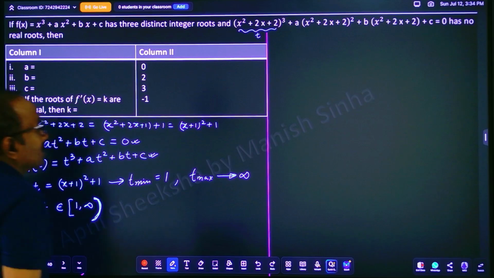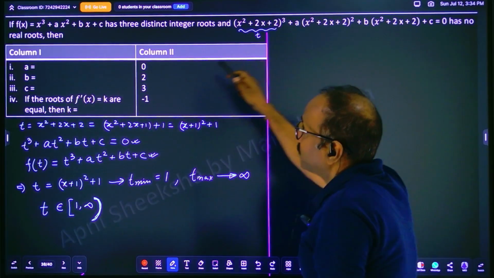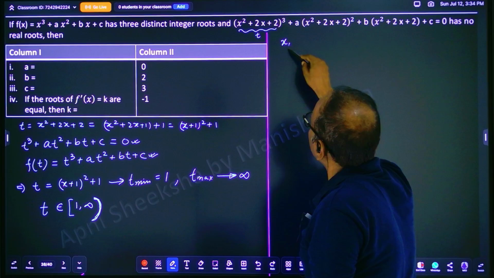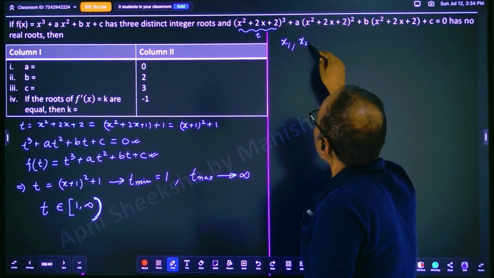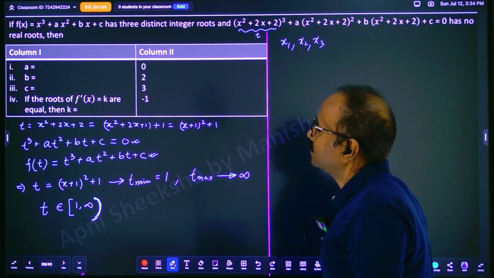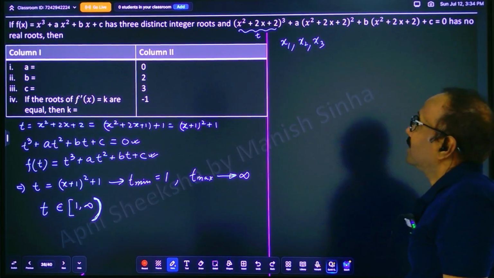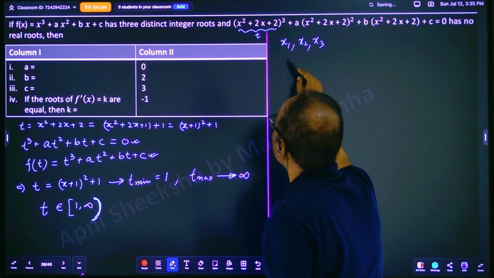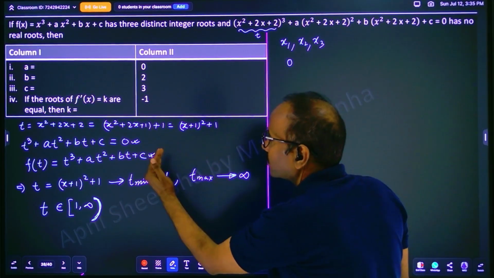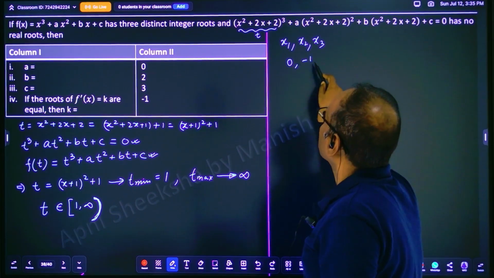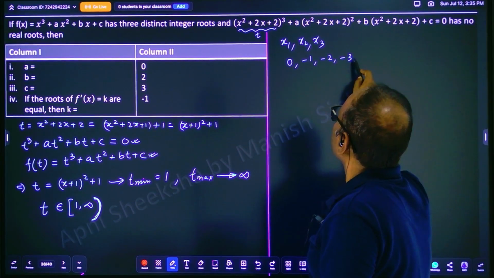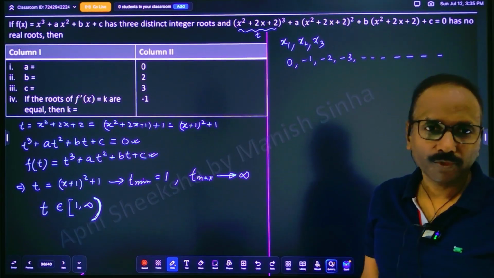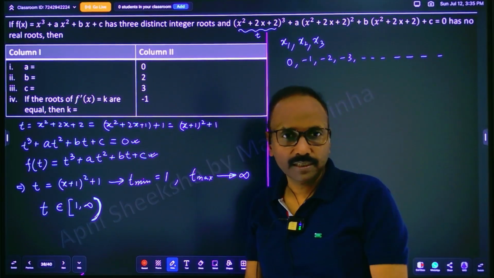So here, if we say that it is having 3 distinct integral roots, x1, x2 and x3, then each must be an integer less than 1. So next to 1 on the left side are 0, minus 1, minus 2, minus 3, like that. So any three you can pick up, right?